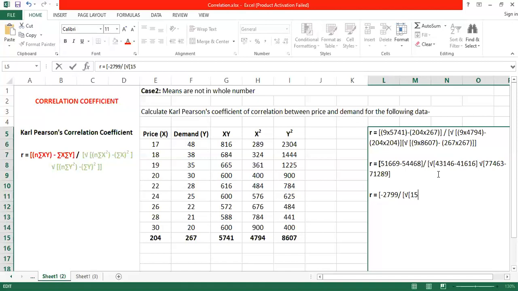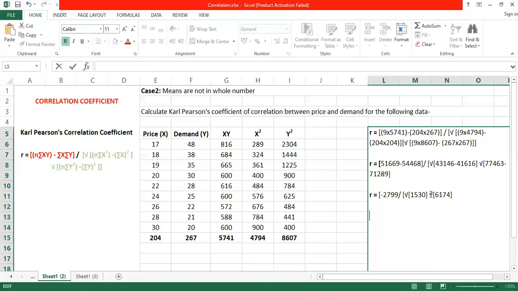So it is 1530 into, again, square root of 77463 minus 71289. So 6174. Fine.